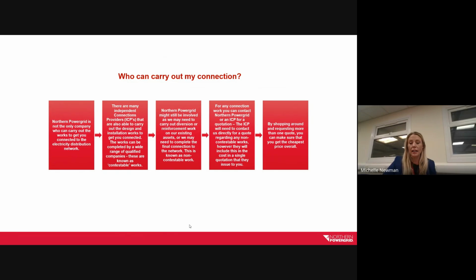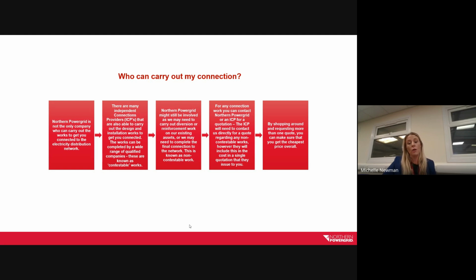You can gain a quote from an independent connections provider as well. So we always advise to shop around, to maybe seek advice from an independent connections provider as well as Northern Powergrid. And if you do go to an ICP, they will provide you 1 quote which covers any work that Northern Powergrid need to do as well. You won't need to then get 2 quotes off us.